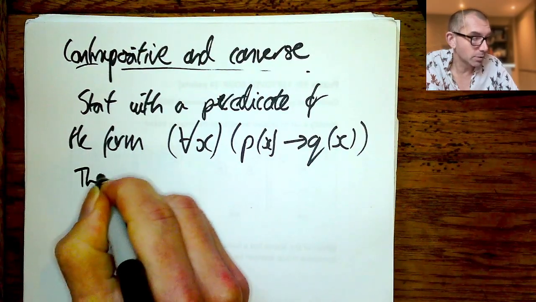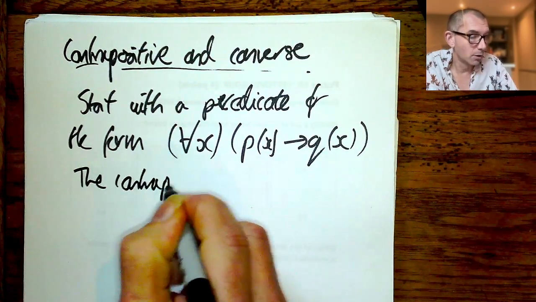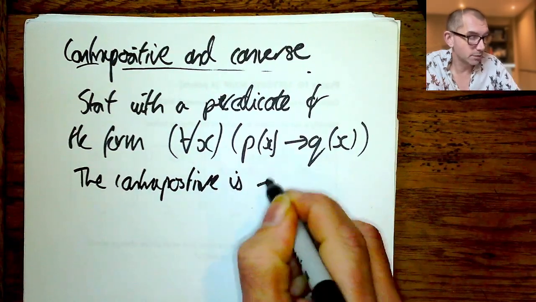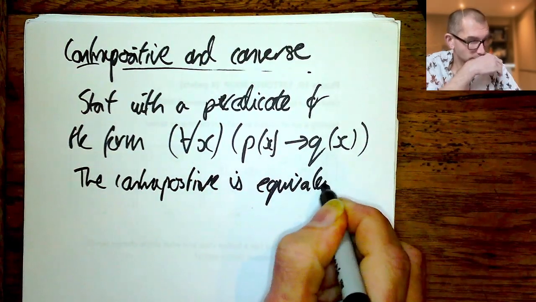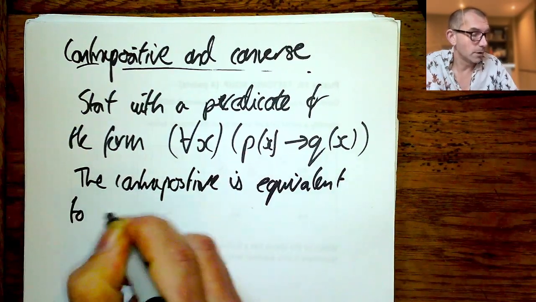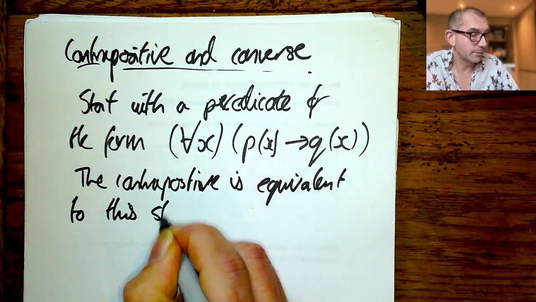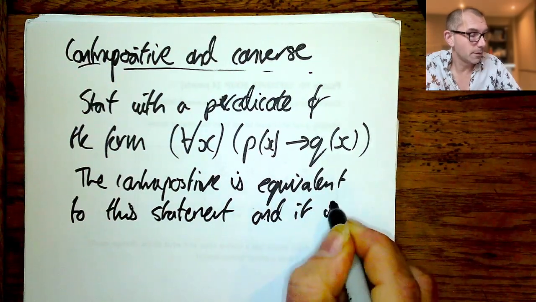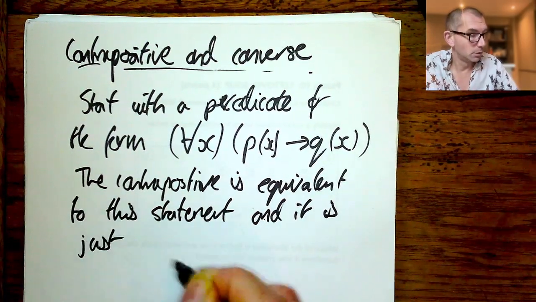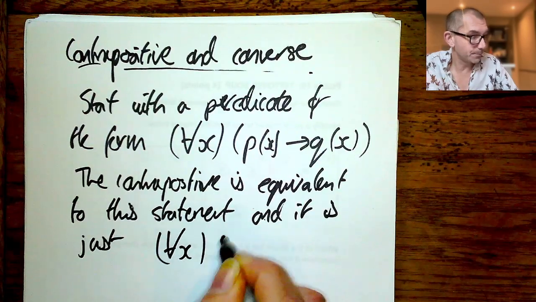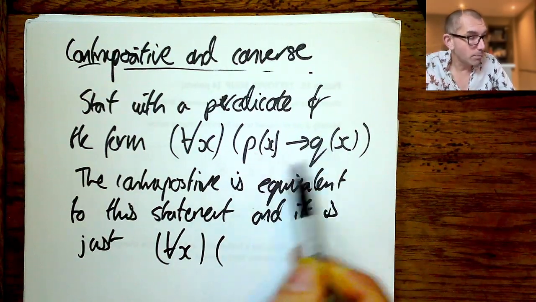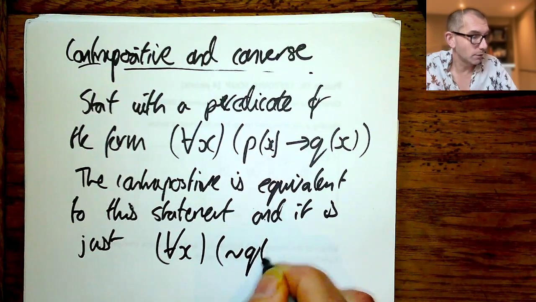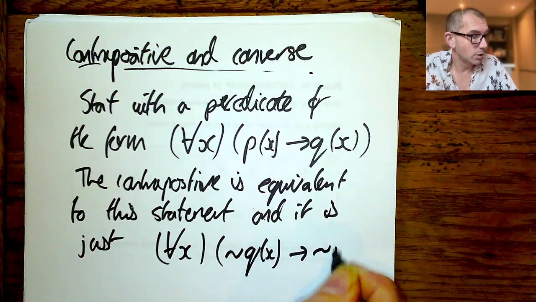So the contrapositive is equivalent to this statement, and it is just: for all x, you swap these over and put not in front of them. So not Q of x implies not P of x.